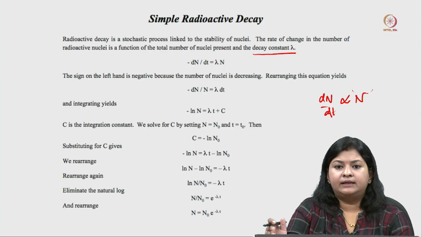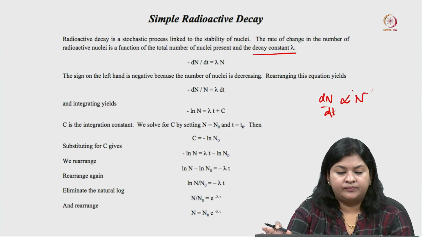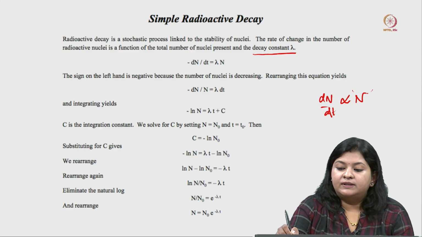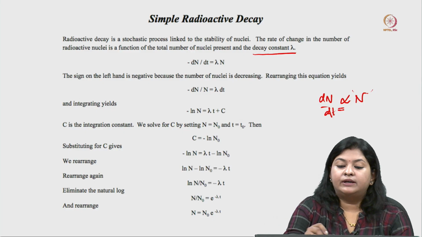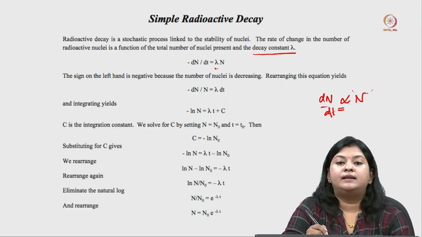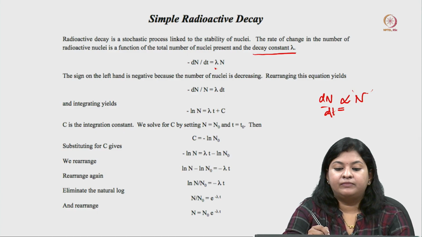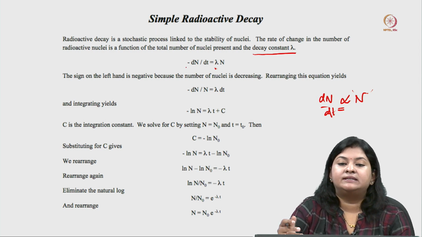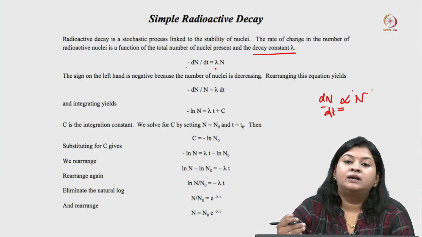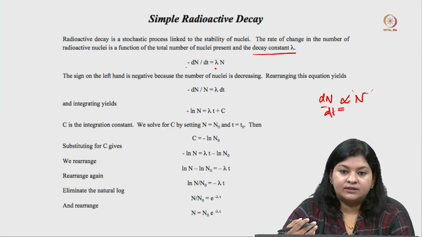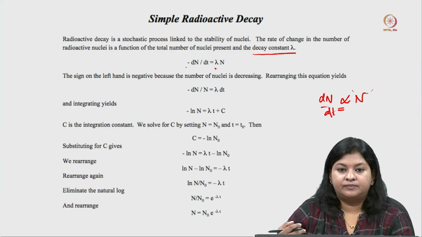It is directly proportional to N. To remove this proportionality, we add this constant term lambda. And why is it a negative term? Because it is decreasing, right. We are going to decay it. Decay means it is going to decrease in its number.